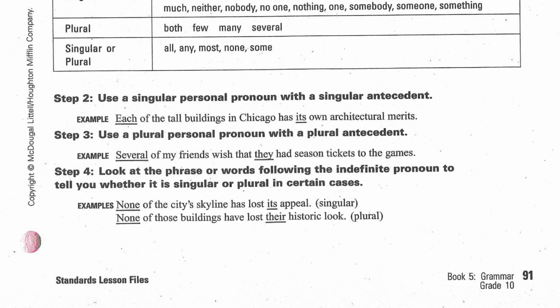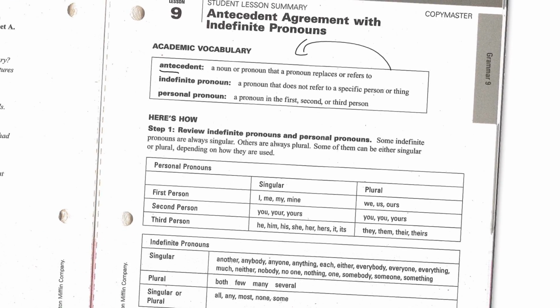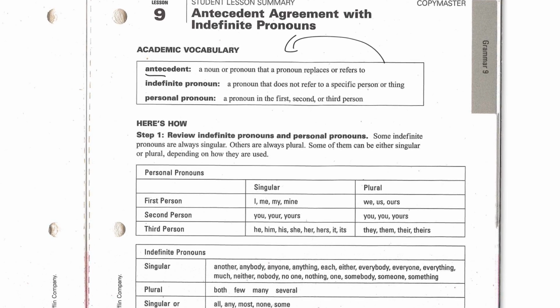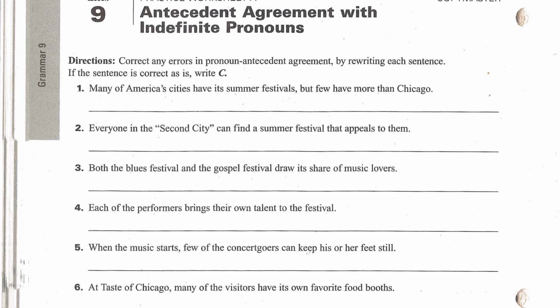And that is the basics of antecedent agreement with indefinite pronouns. So let us now look, lesson 9, at some of the practice work you had for antecedent agreement with indefinite pronouns.